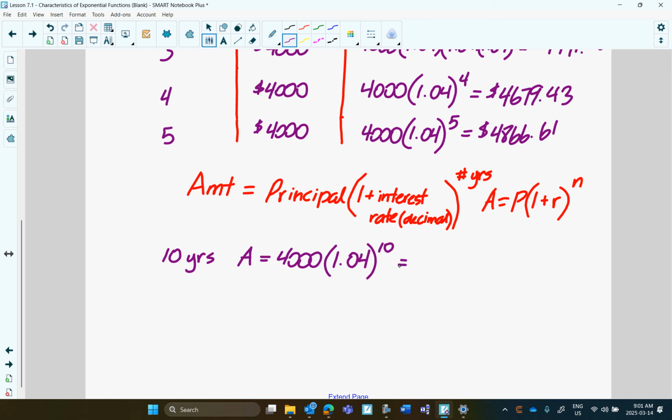And round it correctly to the nearest cent? $5,920.98. Thank you. That's not bad. Getting close to $2,000 you made. Half your investment if you left it after 10 years.